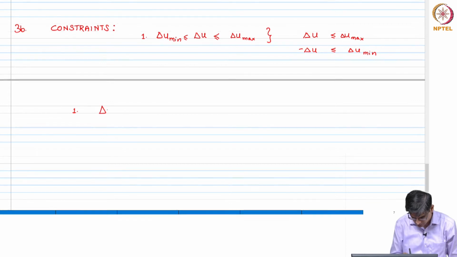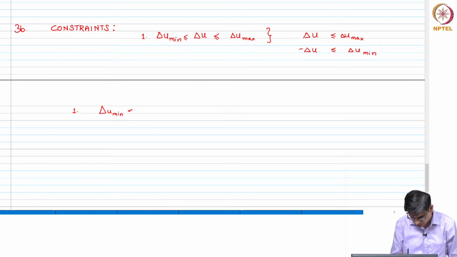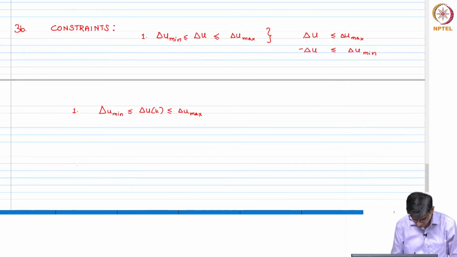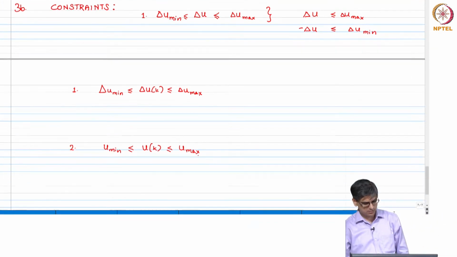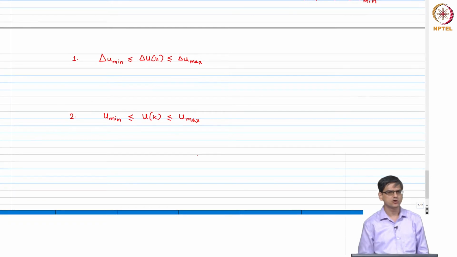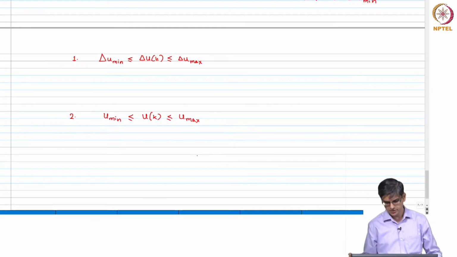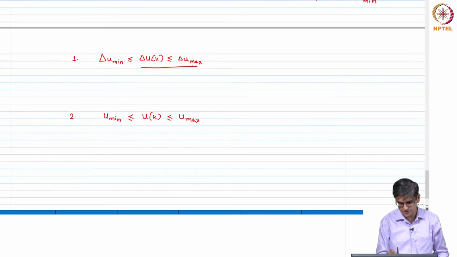First one is, let us only look at u constraints. Similarly, you can talk about y constraints as well. What does this constraint mean?